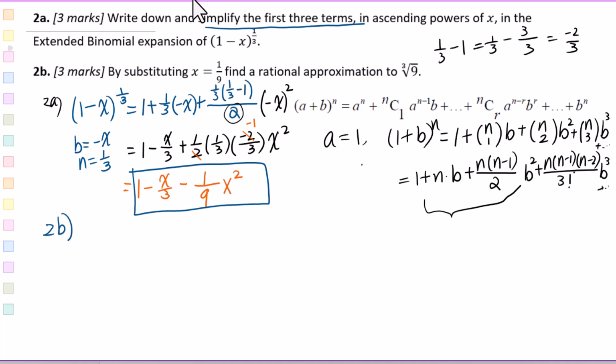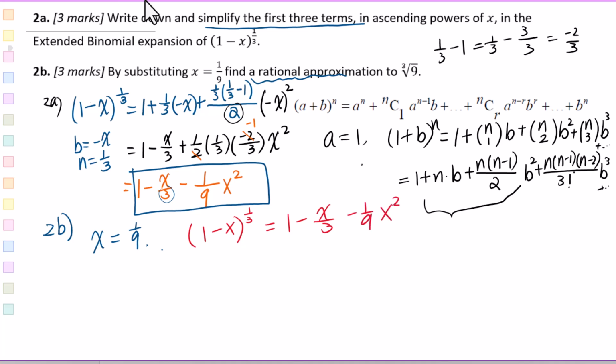2b. By substituting x equals 1 over 9, find a rational approximation to the cubic root of 9. Find rational, which means we need a fraction. So when x equals 1 over 9, (1 minus x) to the 1/3 power equals 1 minus x over 3 minus 1 over 9 x squared.